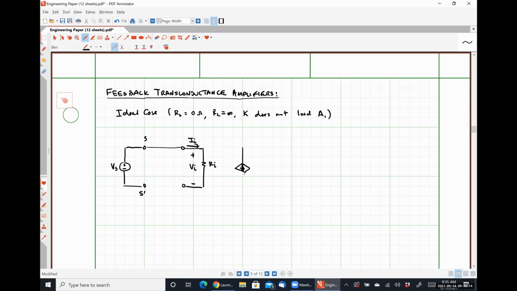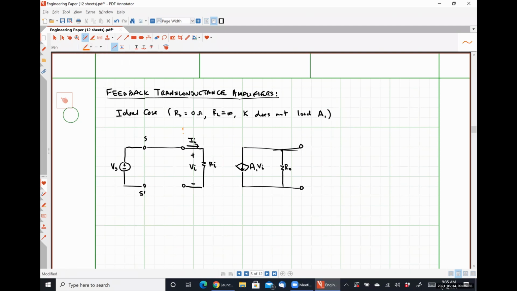Because we are getting a current at the output, instead of using a dependent voltage source, we'll now need to include a dependent current source, which is A1, our open loop system gain, times our error signal Vi, and our open loop output resistance R0 will be in parallel with that dependent current source. So there's the output node.